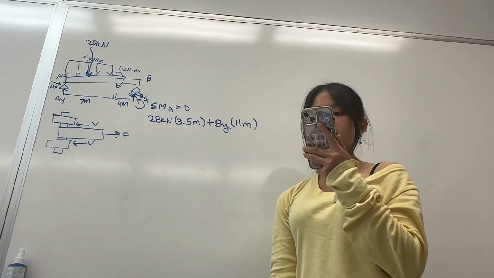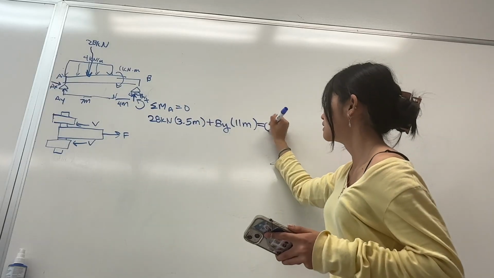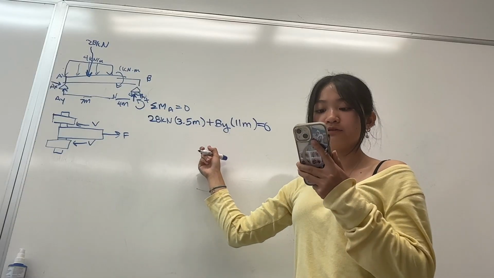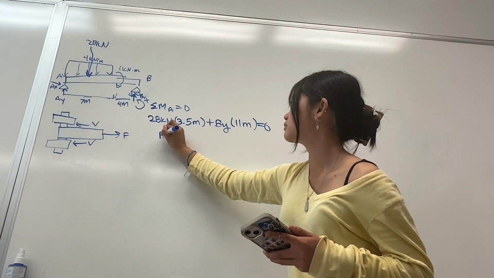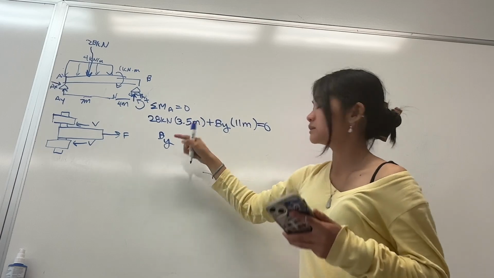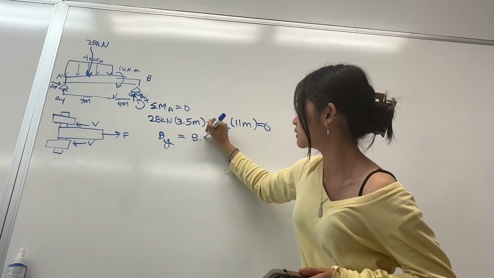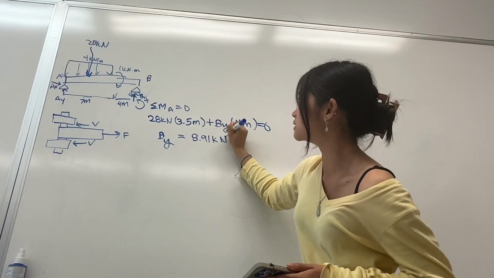And that is it for our moment about A. So we can isolate By and then solve for that. So when we isolate By, we get By is equal to 8.91 kilonewtons.